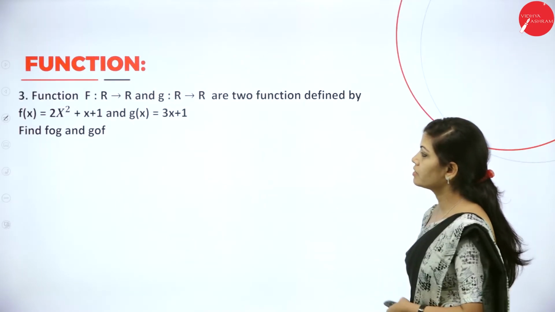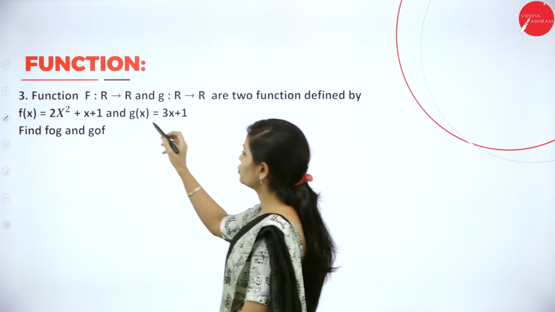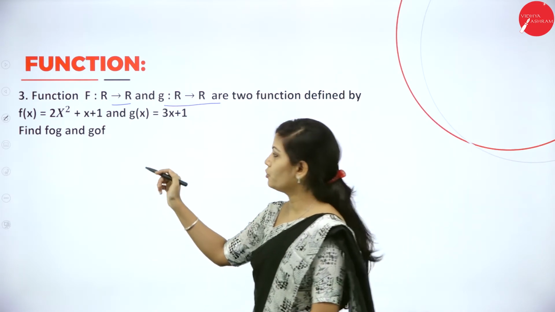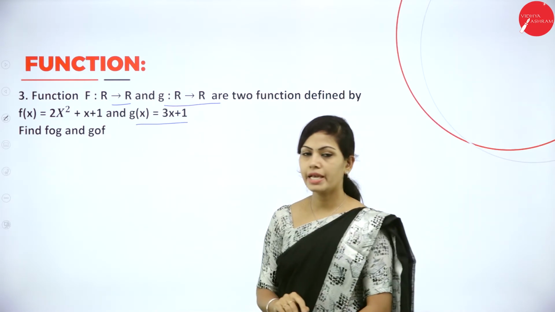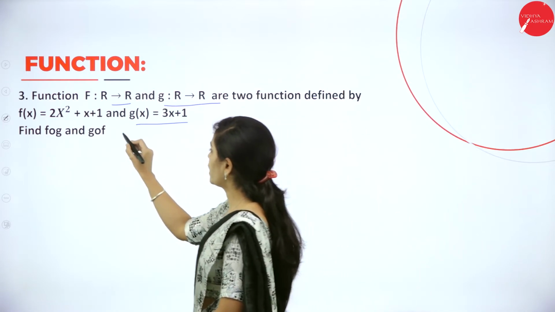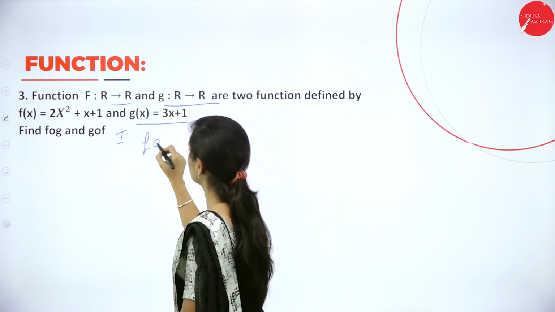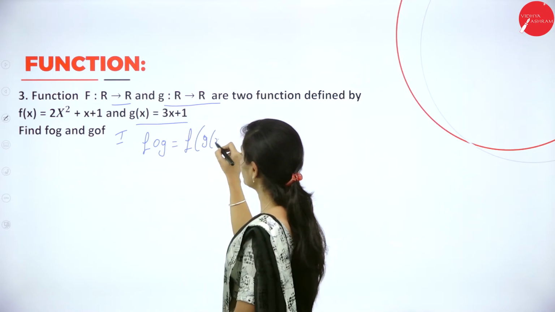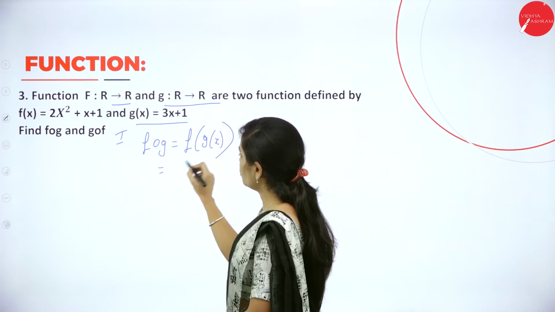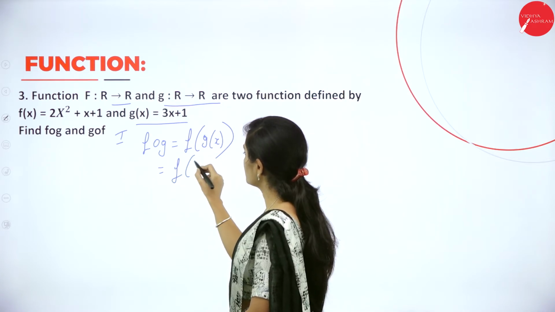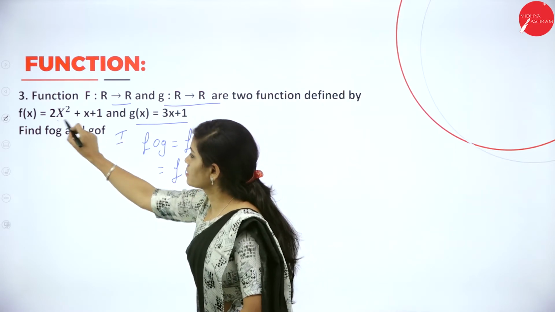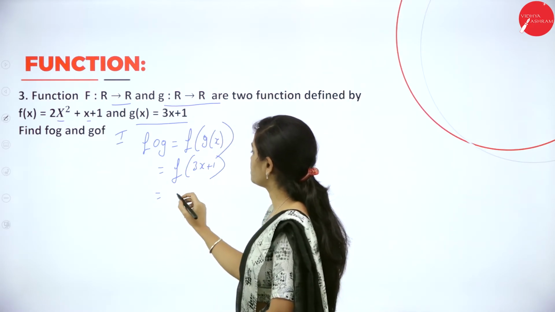The next question: functions f from R to R and g from R to R are two functions. We have the f of x value and the g of x value. Again you need to find fog, which is f of g of x. So what is g of x? It is 3x plus 1. So in place of x you can substitute this 3x plus 1.